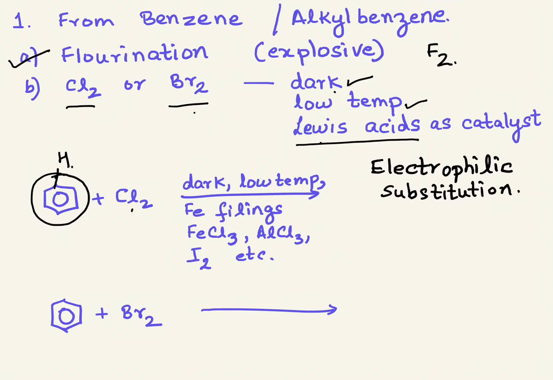So, that is why we need these halogen carriers which will take the chlorine or the bromine to benzene and will say, this is a good person, you can make friends with it and let the hydrogen go away. So, that's how it works.